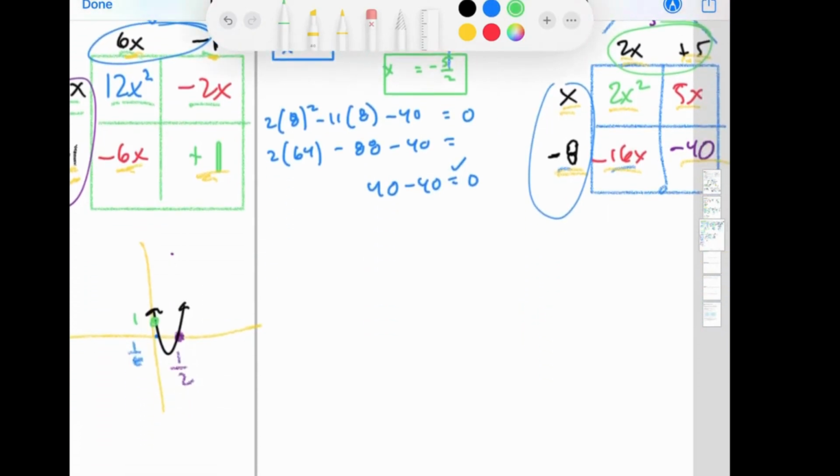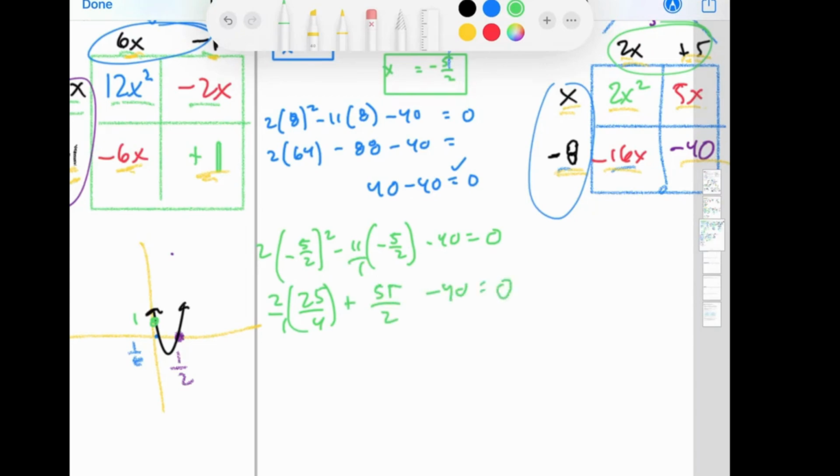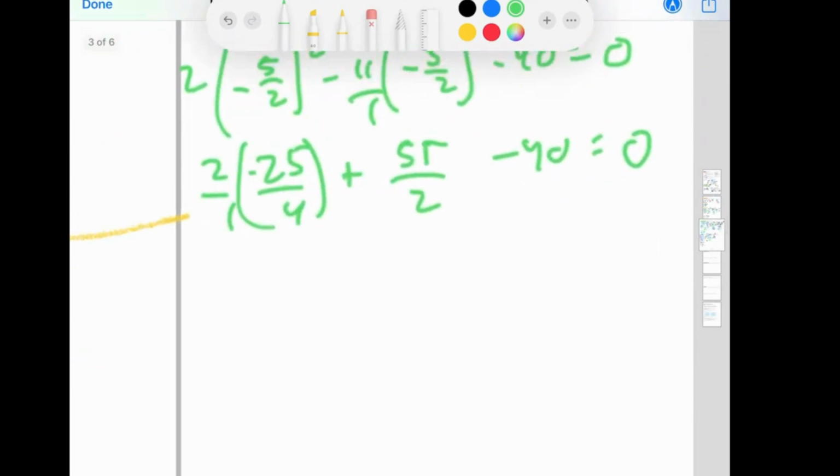All right, 2 times -5 halves squared minus 11 times -5 halves minus 40. -5 halves squared is -5 halves times -5 halves. Negative times negative is positive. 5 times 5 is 25 over 4. Negative times negative is a positive. That would be 55 over 2. So multiply across here. So that would be 50 over 4.